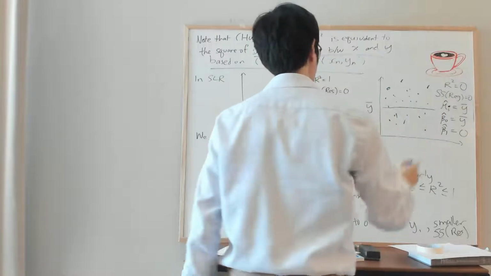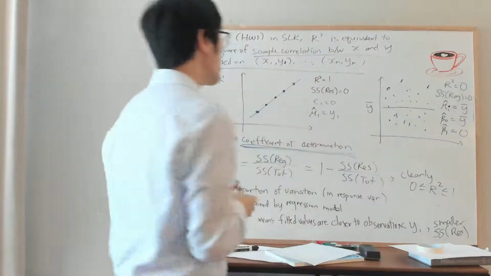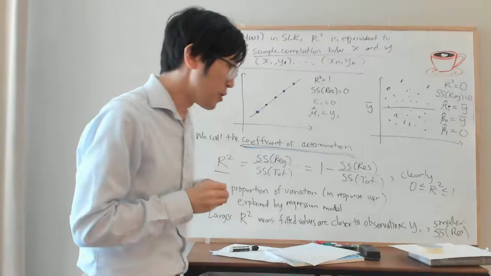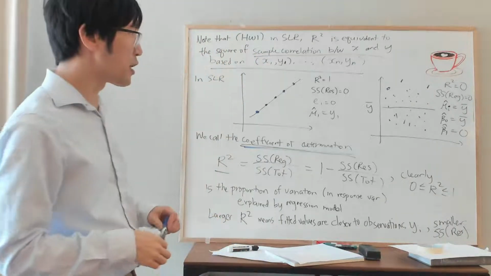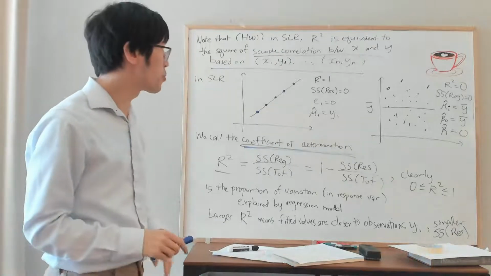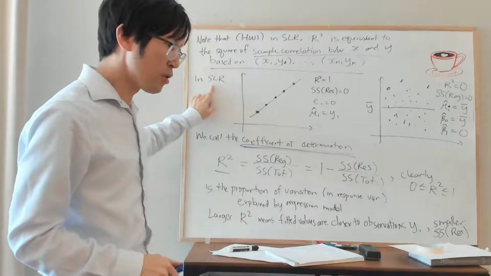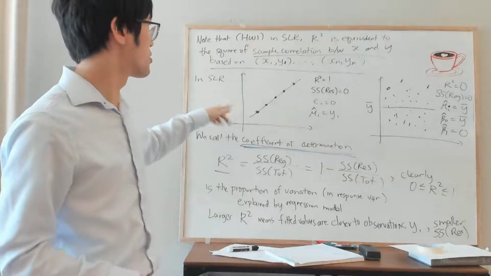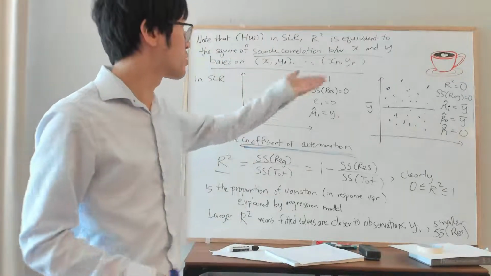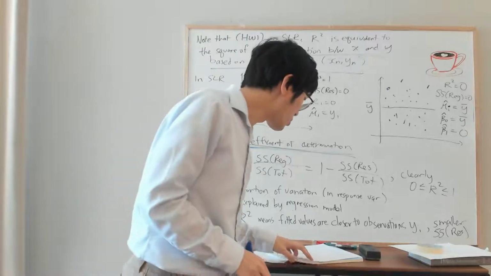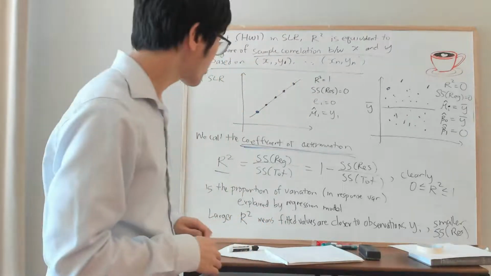That's how we would illustrate r squared equals 0. It's easiest to draw the picture when we just have one predictor. So these are what r squared equals 1 and r squared equals 0 would look like for simple linear regression.